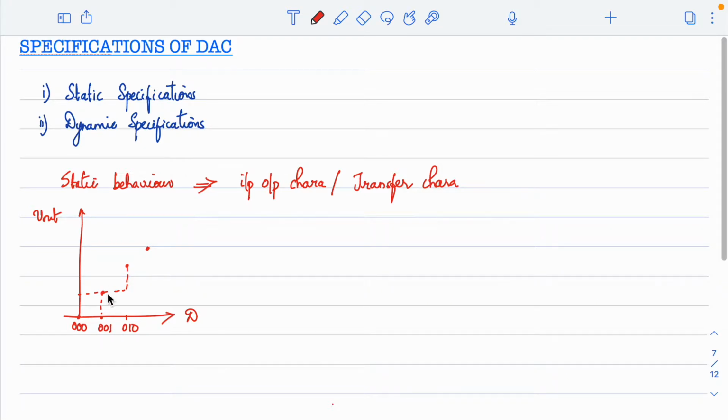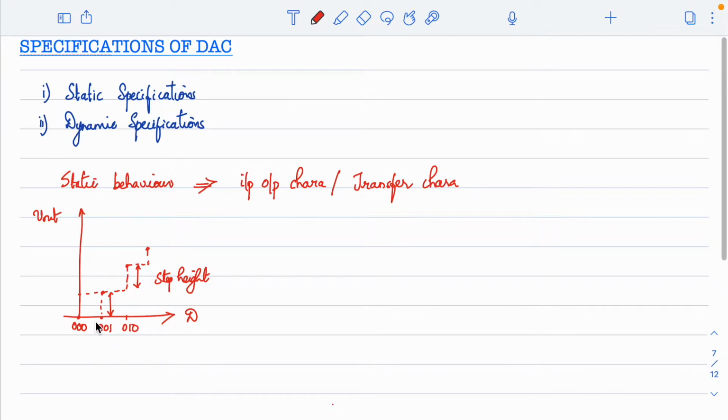We can call this one step, and this can be called the step height, right? For every input digital data change, the change at the output will be one LSB.